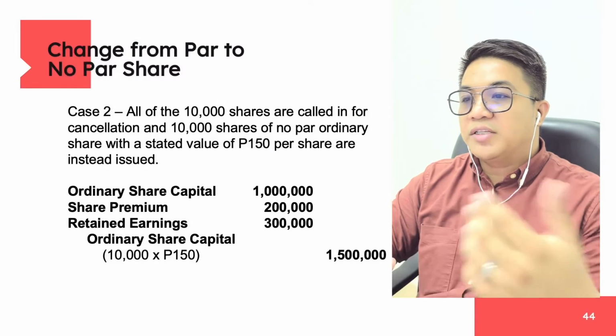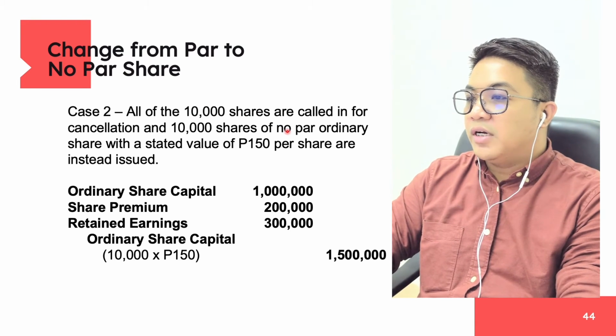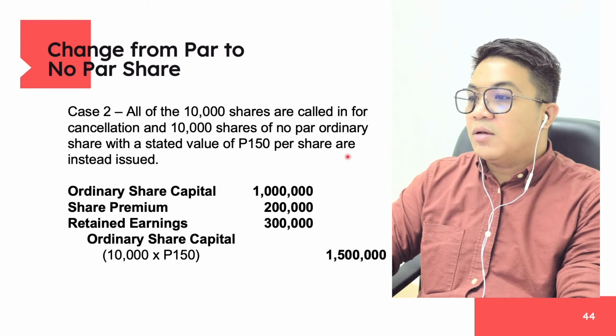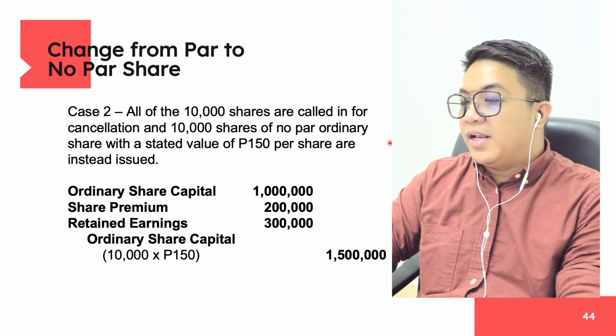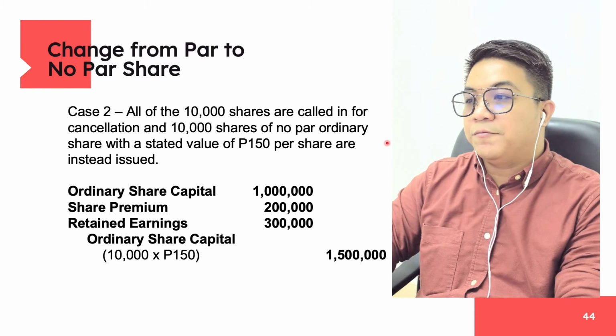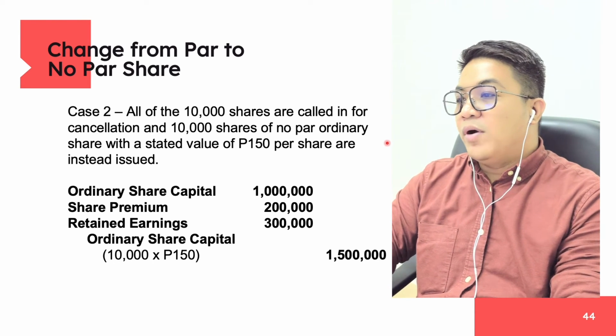So what about case number 2? Case number 2, all of the 10,000 shares are called in for cancellation and 10,000 shares of no par ordinary share with a stated value of 150 pesos. Earlier, in case number 1, it was only 50 pesos per share. So, case number 2, we have 150 pesos.